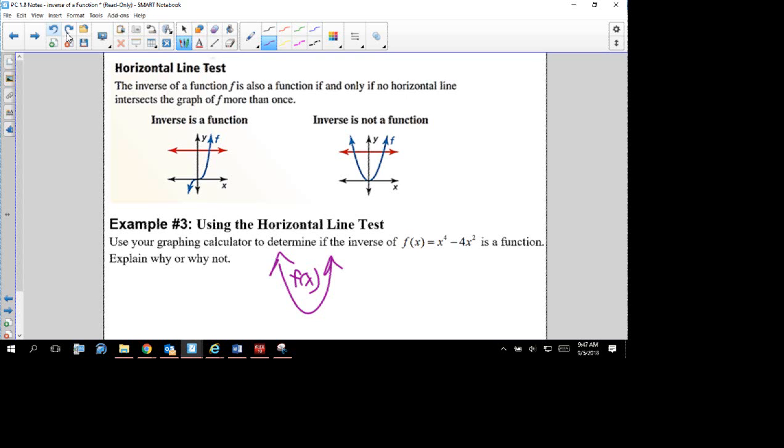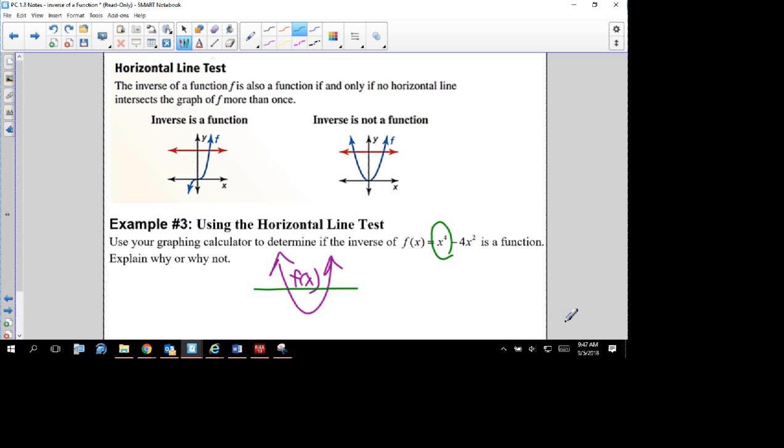If you're not sure, you could do something called a horizontal line test. If it doesn't work horizontally, then it's not going to work vertically when we flip it. That's what that says. I think that's more to think about, so I just flip it first and then do horizontal. Also, what did I say about if it's even?